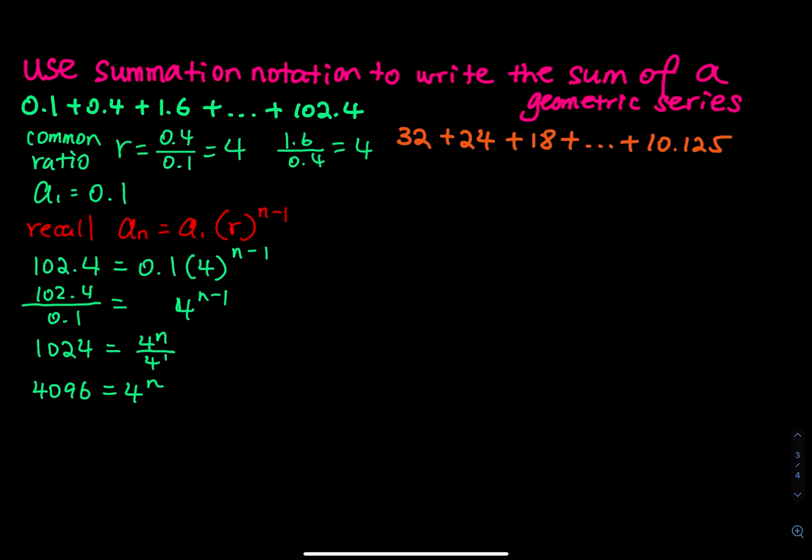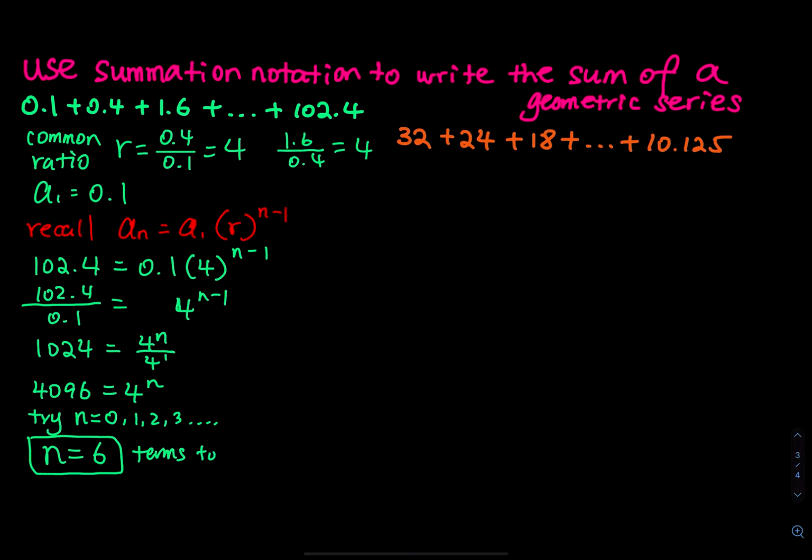In order to solve for n, you have to try n equals 0, n equals 1, n equals 2, n equals 3, and then you keep on trying. As you try, you will see that n is equal to 6 terms total. This method is called trial and error. Now we got the n, and I can write my final answer.